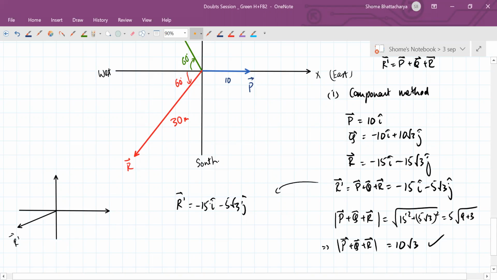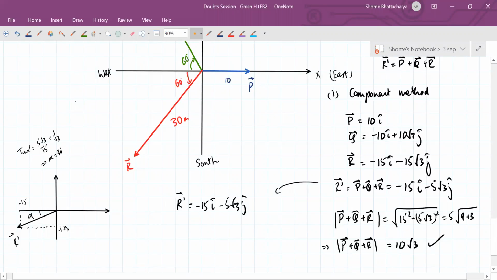So now if you check out the angle, this angle is very easy to check out. Let's say this angle is some alpha. So you can see that tan alpha is 5 root 3 by 15. So that's 1 by root 3. So that means alpha is 30 degrees.